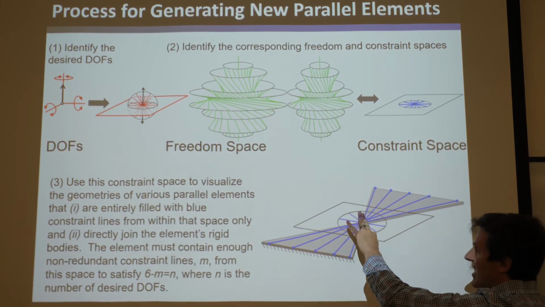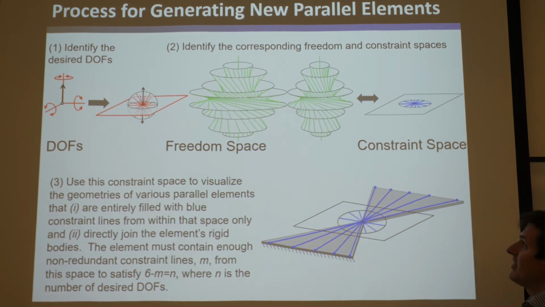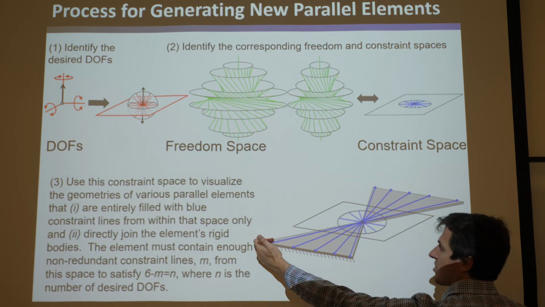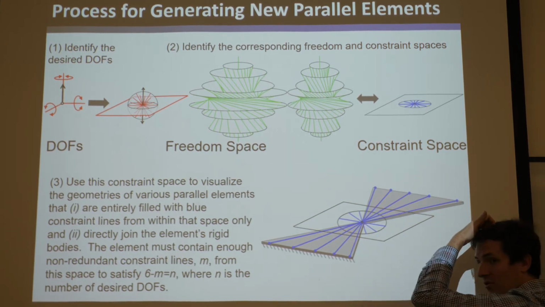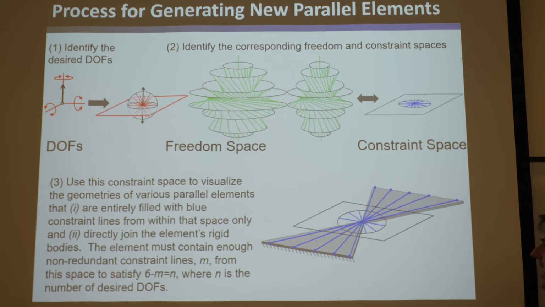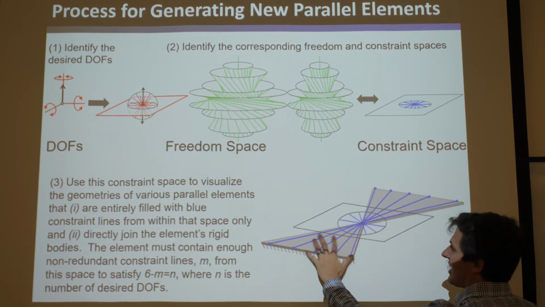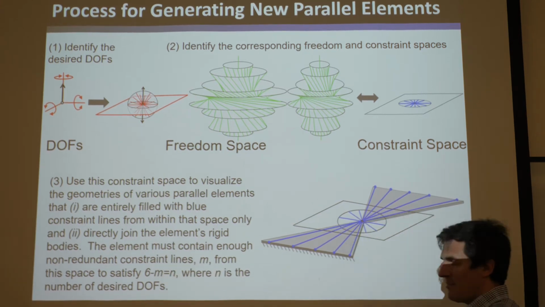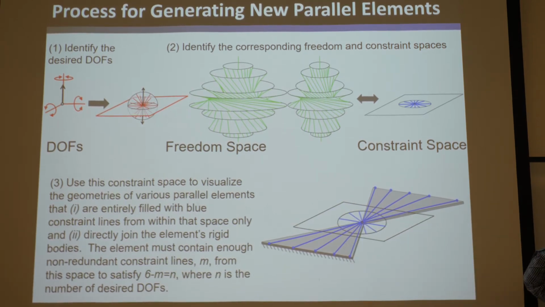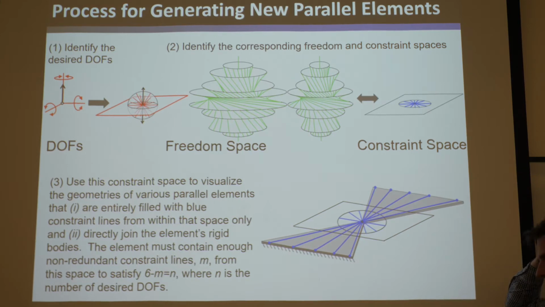All those blue lines lie within the disk that we're trying to synthesize this from, and it can also fill the entire geometry. We could draw every single blue line, make this entire thing blue. And there's, of course, 2 independent blue ones in there, and so it satisfies 6 minus M equals N. 6 minus 2 equals 4, right? So you can see how this works.